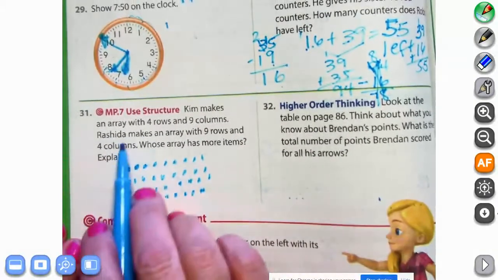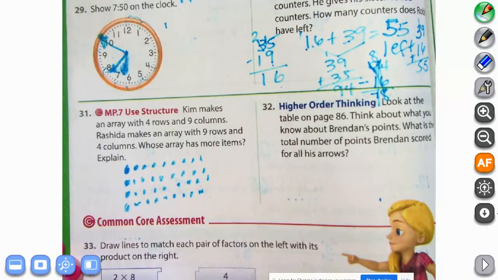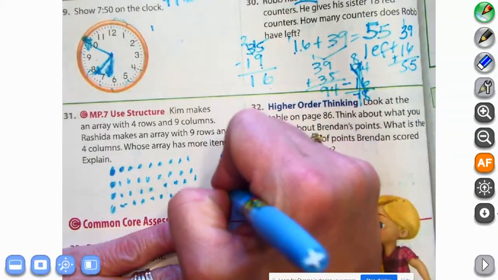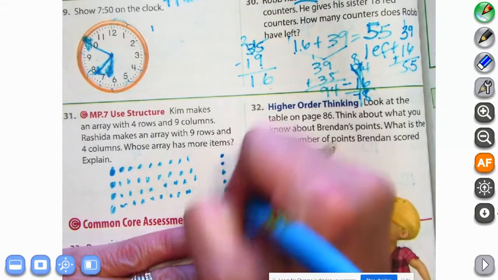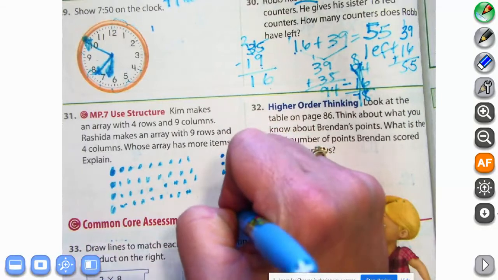Okay. So Rashida makes an array with 9 rows and 4 columns. Whose array has more? Okay, then you can do 1, 2, 3, 4, 5, 6, 7, 8, 9, and put 4 in each one.